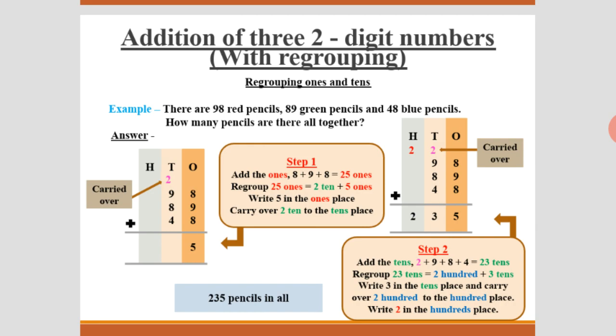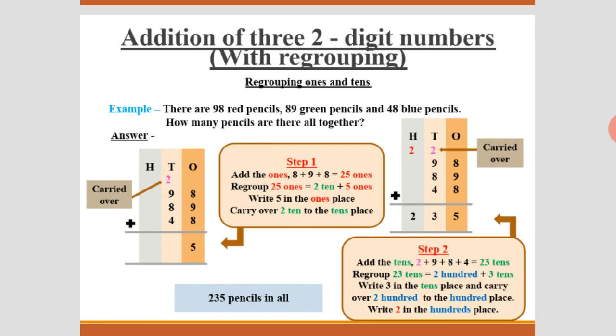Now let's understand another example: addition of three two-digit numbers with regrouping. Now let's solve and understand regrouping ones and tens. Here we see the question. The question is: there are 98 red pencils, 89 green pencils and 48 blue pencils.